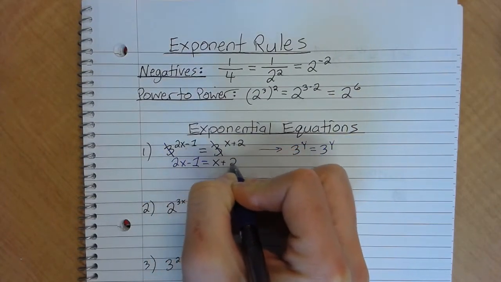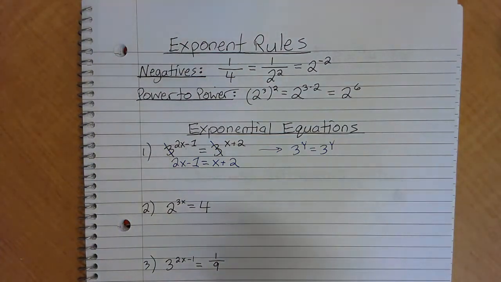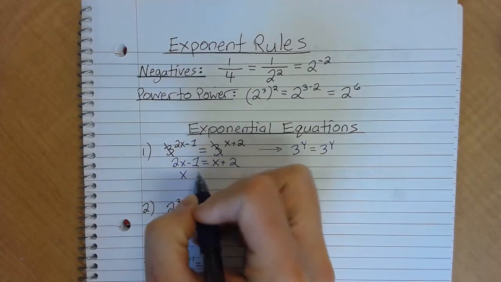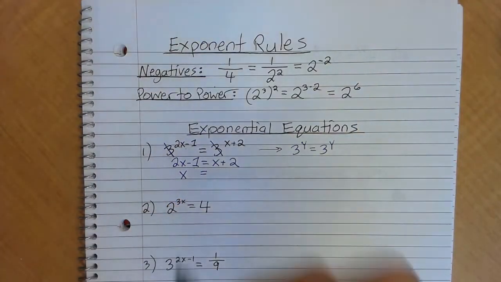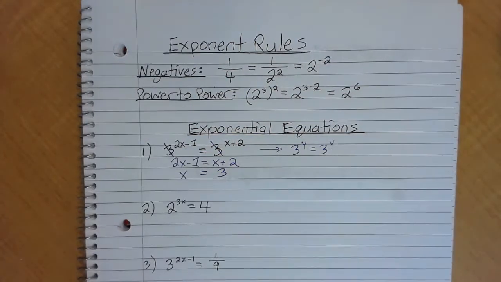So now I have 2x minus 1 equal to x plus 2. So we just have a couple of steps left to solve this two-sided equation. And in this case, we just subtract x from both sides and add 1 to both sides. And that ends up giving us x is equal to 3. Not required, but very often it's a good idea to check your work as you go to see if you did it right.